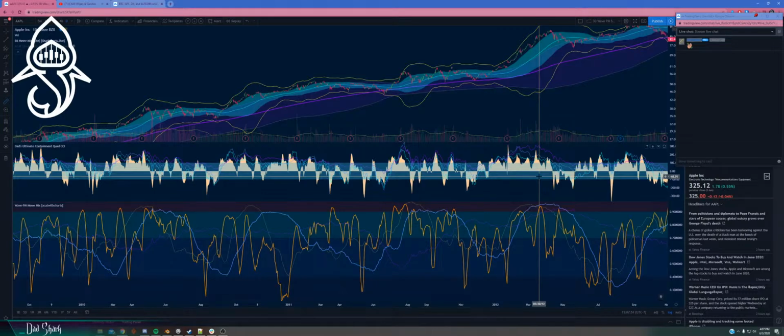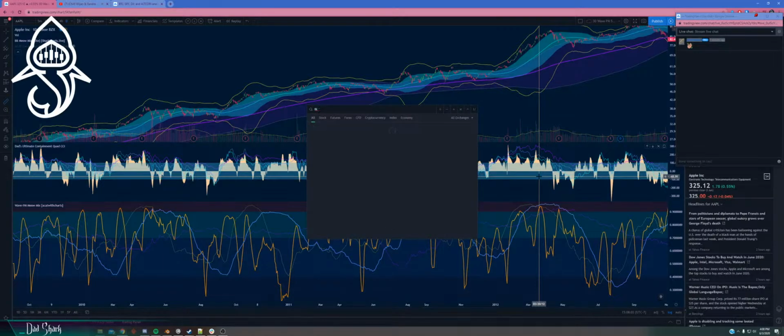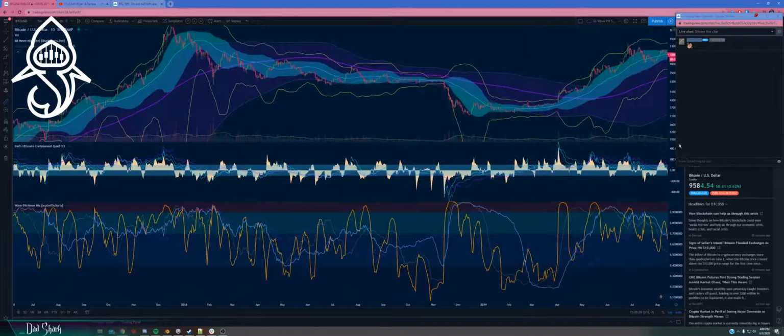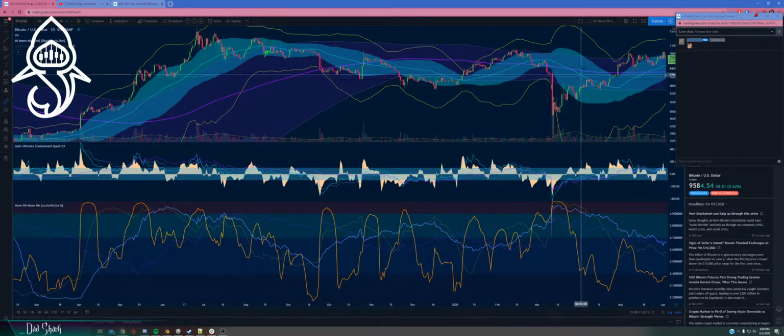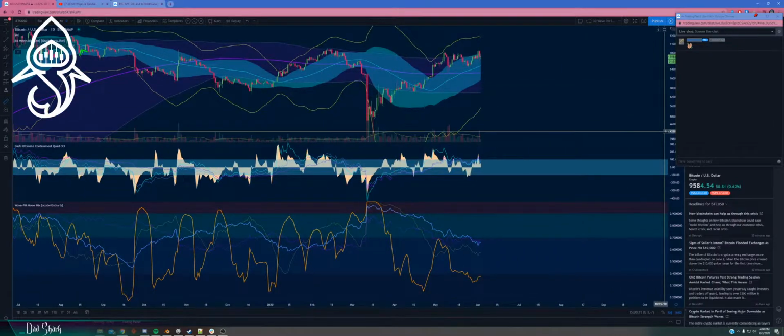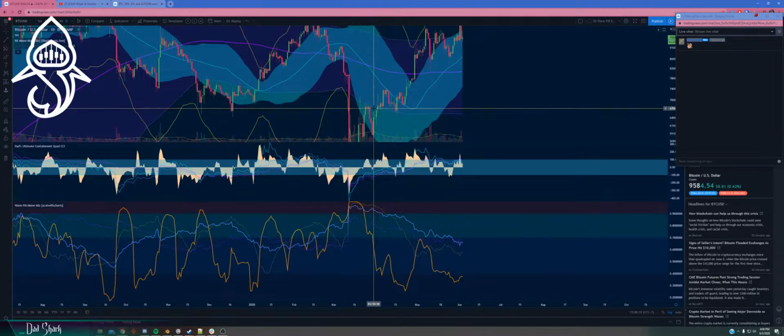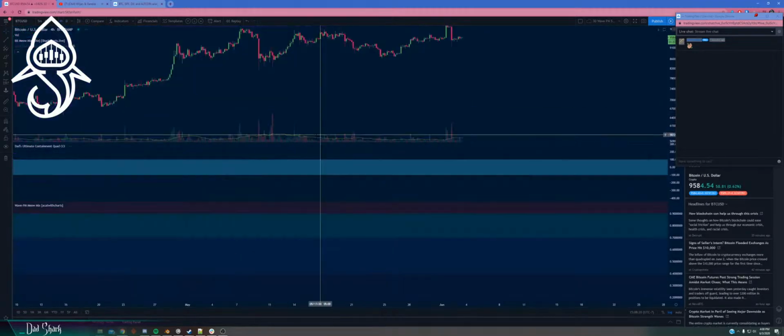Alrighty. So we're essentially just waiting for that wave PM cross on the daily chart for Bitcoin. There's another point I want to make on it. It's on the 4-hour chart.